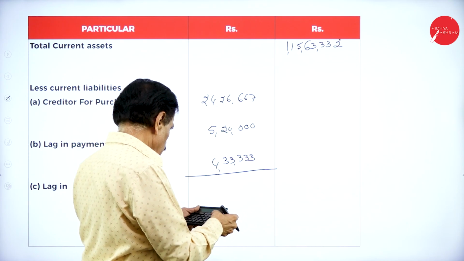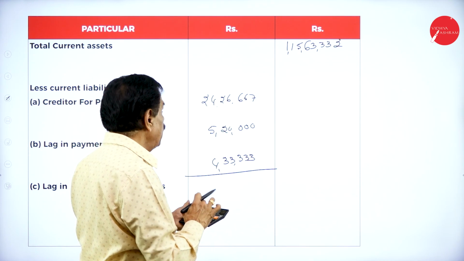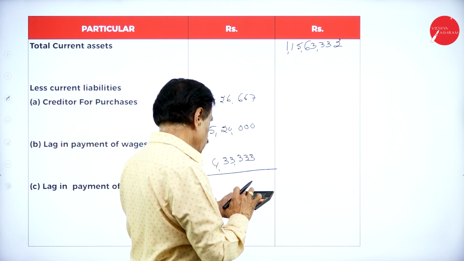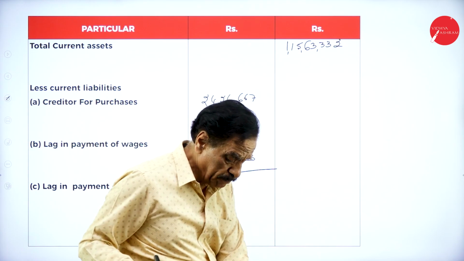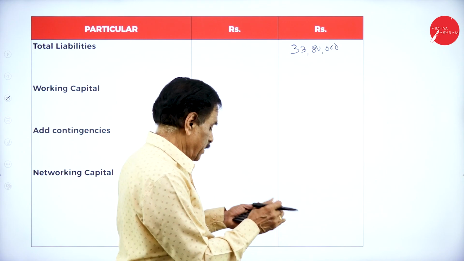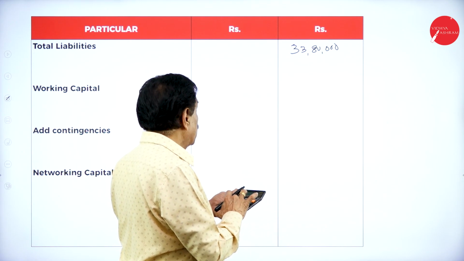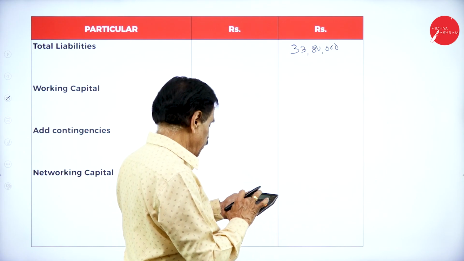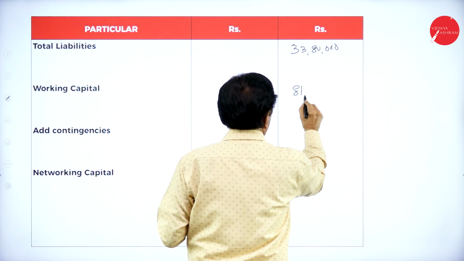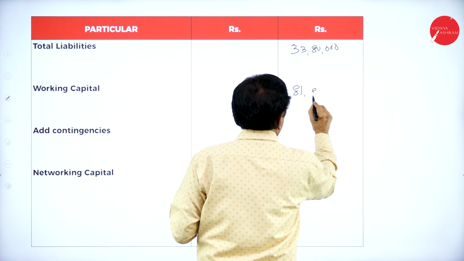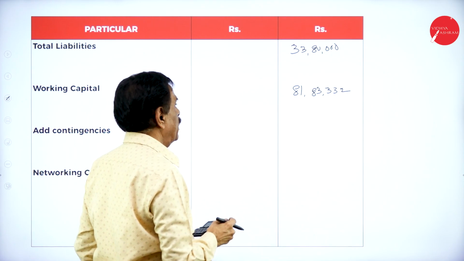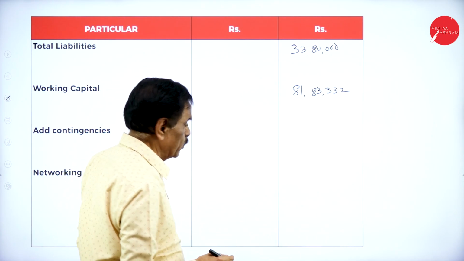It is 115,63,332 minus 33 lakh 80,000, which is 81 lakh 83,332.